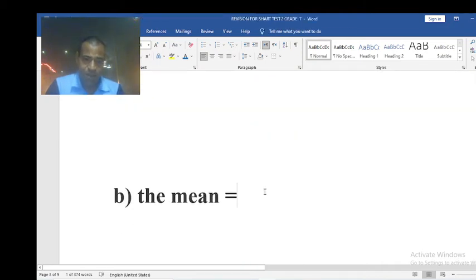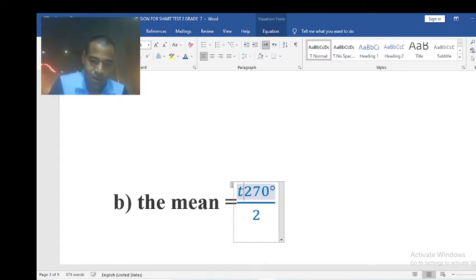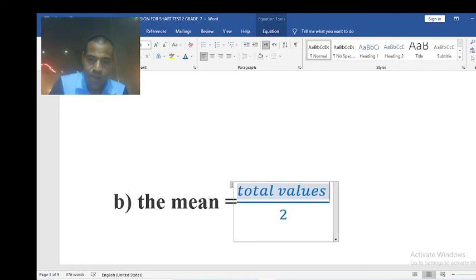Because the mean, learners, in fact you already know the formula, is the total value over the number of values.